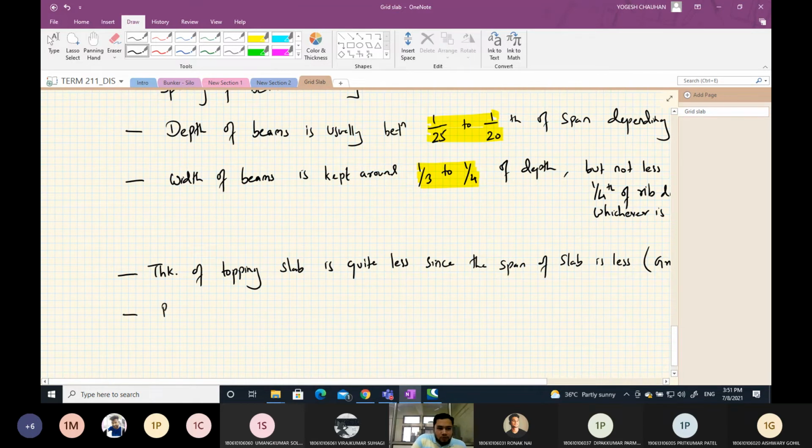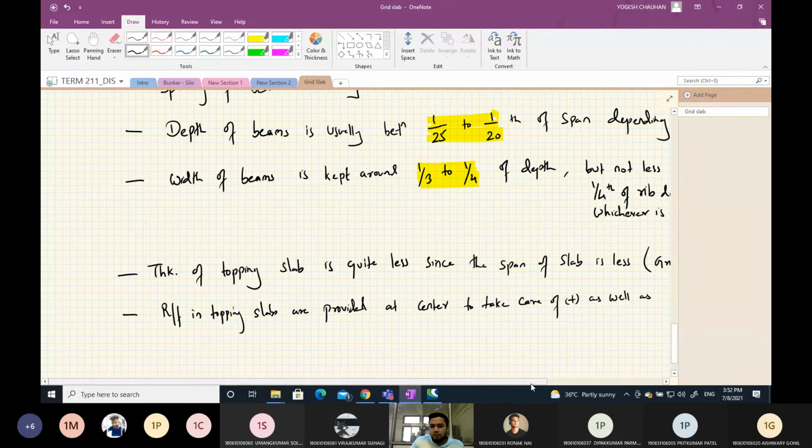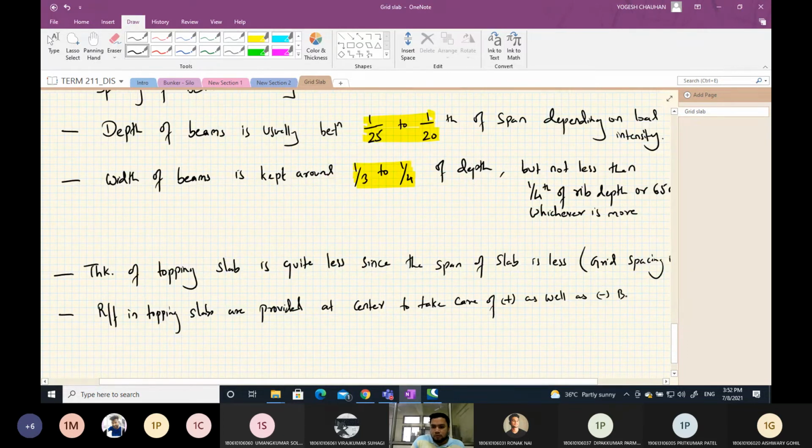And the reinforcement in topping slab is provided at center to take care of positive as well as negative bending moment in slab.